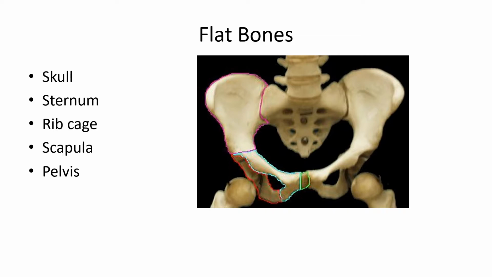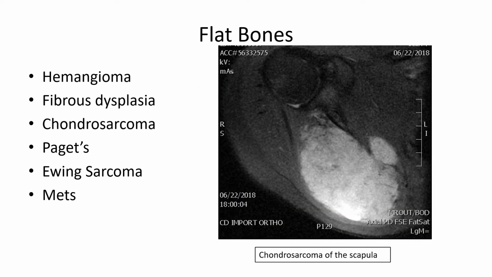Flat bones include the skull, the sternum, the rib cage, the scapula, and the pelvis. As we think of the flat bones, there are tumors more common to occur in this location: hemangioma, fibrous dysplasia, chondrosarcoma, Paget's disease, Ewing sarcoma, and METS.